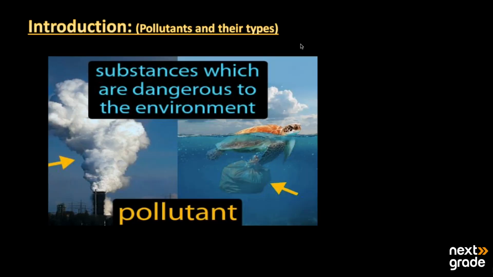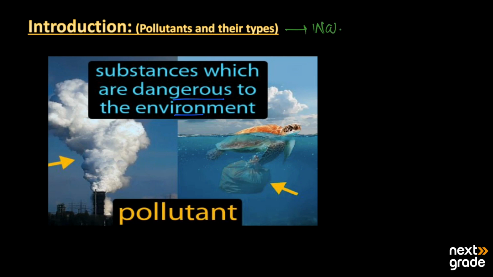So, the topic that we will discuss today is pollutants and their types. When we talk about pollutants, they are the substances which are dangerous to the environment. All these substances are known as pollutants. By definition, a pollutant is a waste material.